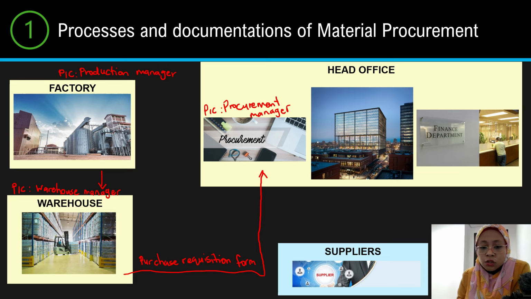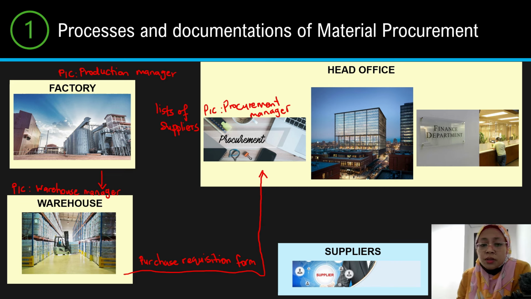The purchase requisition form will be sent to the procurement department, and the procurement manager looks through the list of suppliers, filtering who can offer them the best price and quality, meeting the specification detailed in the purchase requisition form.